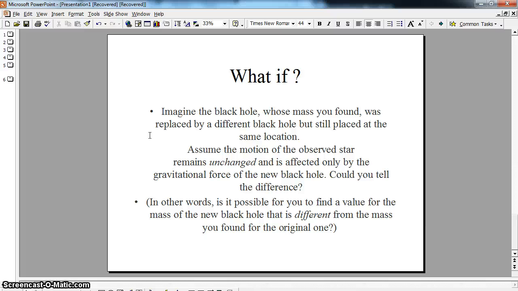That would either mean that the sun is orbiting around the same black hole, or that the black holes have the same mass. So if the motion is unchanged, then the mass is unchanged.